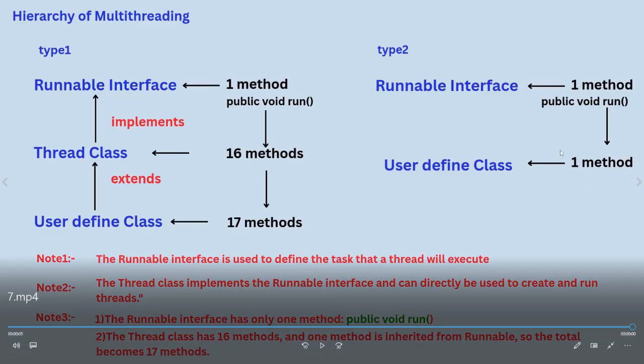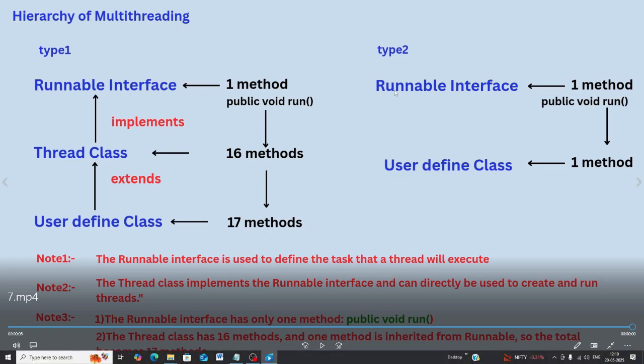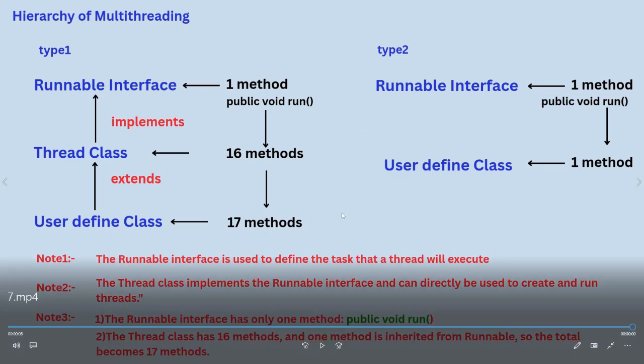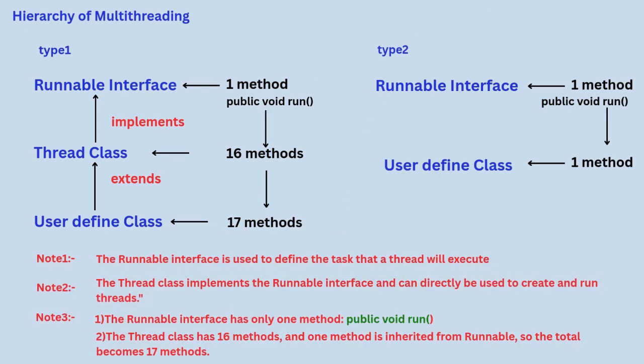That means one method plus 16 methods is equal to 17 methods. And in type 2, the Runnable interface has one method, that is public void run, and the user defined class has one method, that is public static void main.